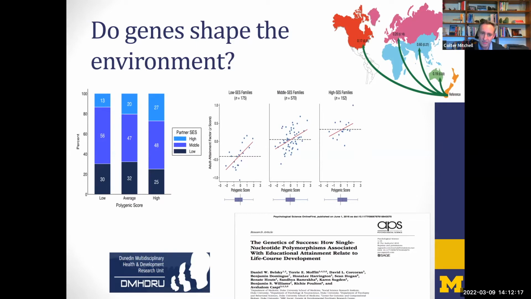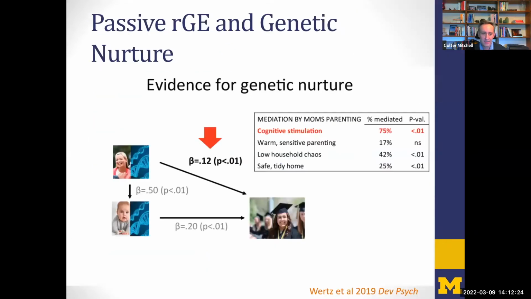So you can see genes are certainly correlated. How they are correlated is particularly interesting. And I mentioned this before, passive gene-environment correlation and what we might call genetic nurturance. And that is that the genetics of the parent are clearly passed down to the child, and that might therefore influence college education. So that's the mother's genes influencing the child's genes, influencing college attendance.